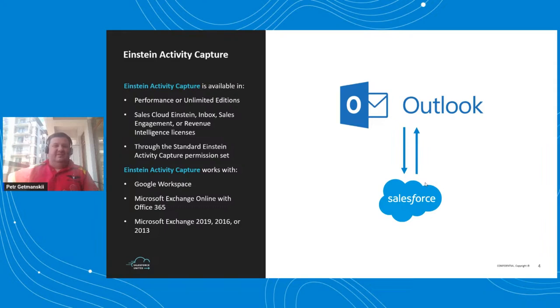It's available by default in Performance or Unlimited Salesforce editions. Also, it's included in the Sales Cloud Einstein, Inbox, Engagement, Revenue, and Challenge license packs. For all other types of orgs, we can assign our users a standard Einstein Activity Capture permission set that is already created in the org.